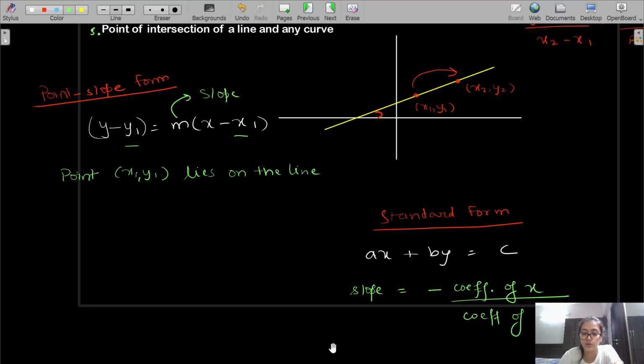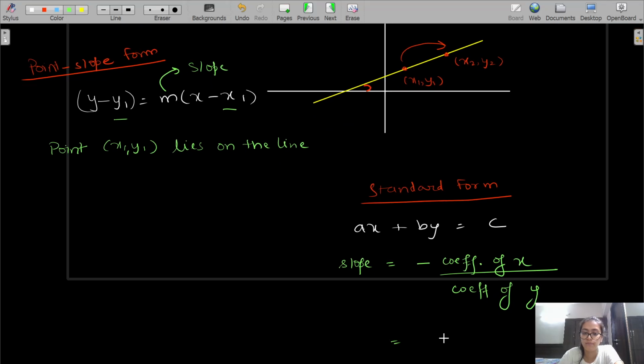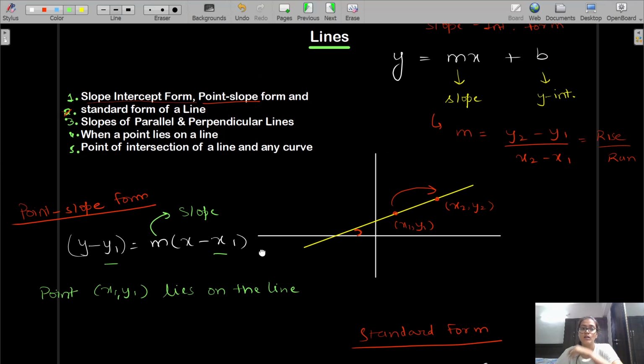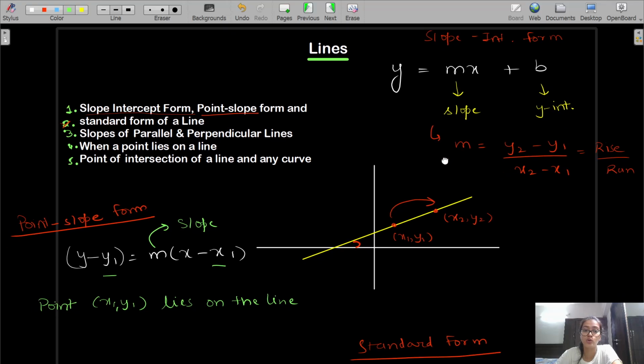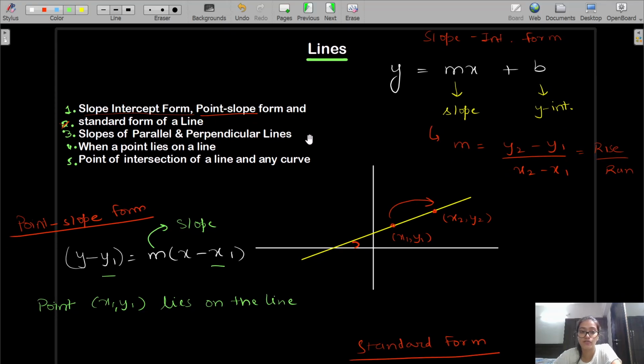So that means it's going to be negative a over b. That's going to be the slope. Okay, this is very basic, very minimal information. This is a bare minimum concept that you should know when it comes to the different forms of line.